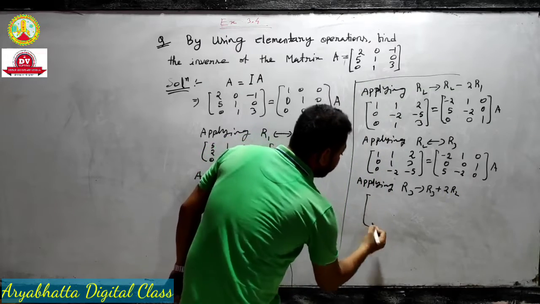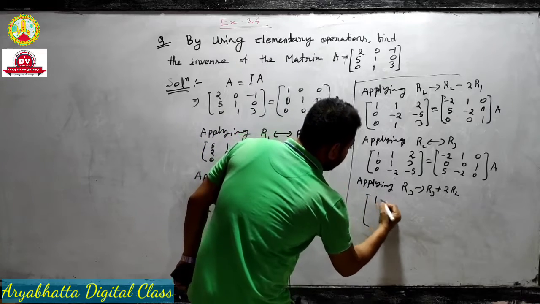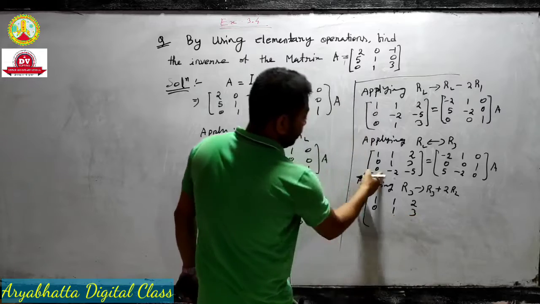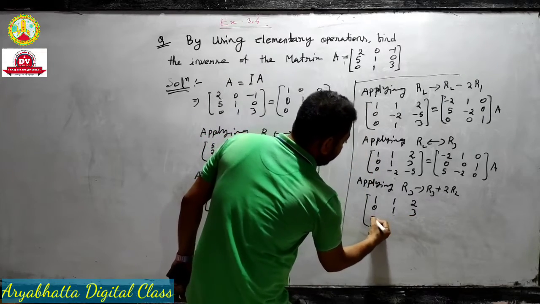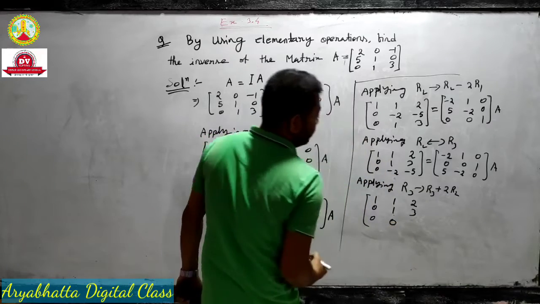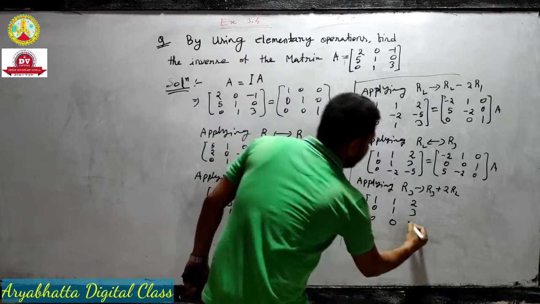Then we have the first and second rows do not change: 1, 1, 2, 0, 1, 3. For the third row, 0 plus 2 into 0, 0, minus 2 plus 2 into 1, minus 2 plus 2, 0, minus 5 plus 6, plus 1.